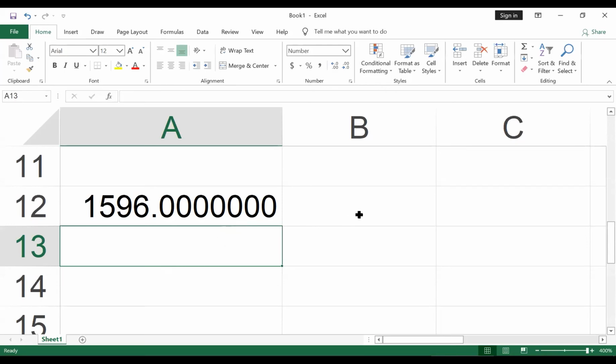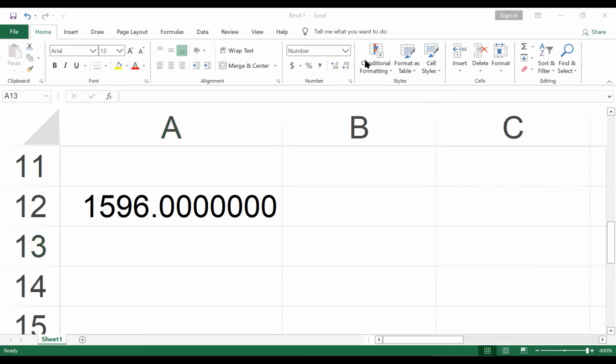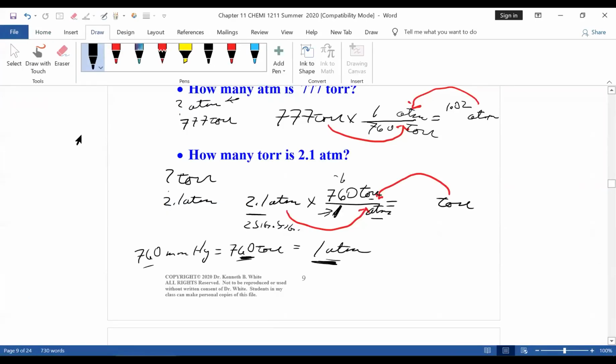Now, this one might have been easier if it was in scientific notation, but I'll do both ways. All right. Now, the calculator gave me, did I write it down, 1596.